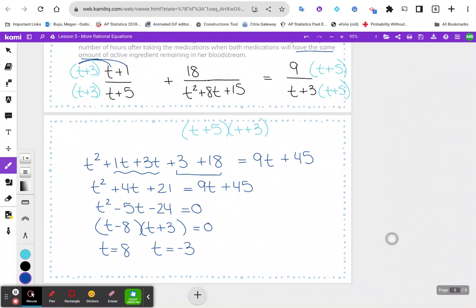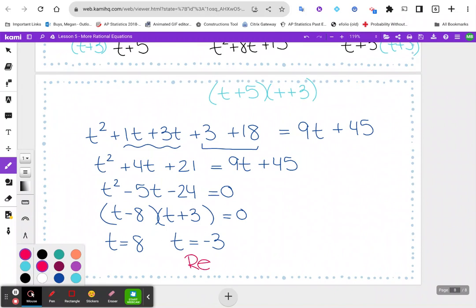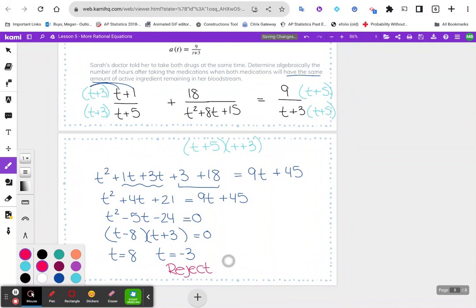Now, in this case, when I think about it just by thought alone, ask yourself, can you have a negative time? Absolutely not. So I already have a feeling that I'm going to reject this negative 3 since it's going to be negative 3 hours later of this medication. But in here, if I plug in negative 3 plus 3, I get a 0.